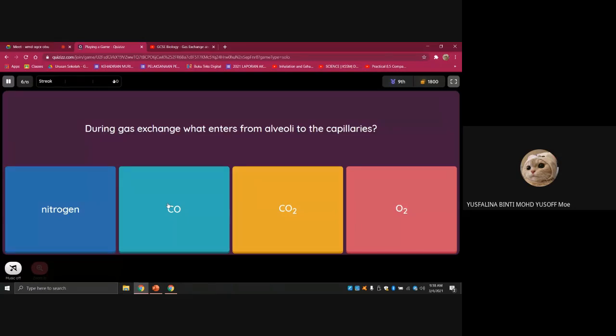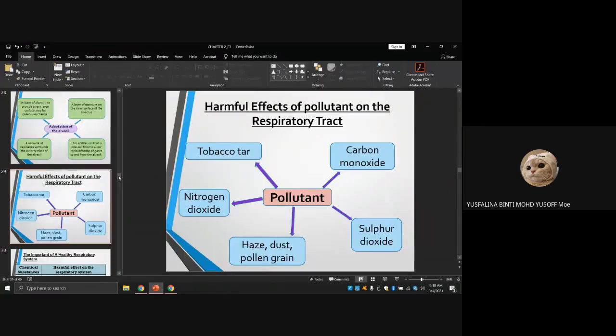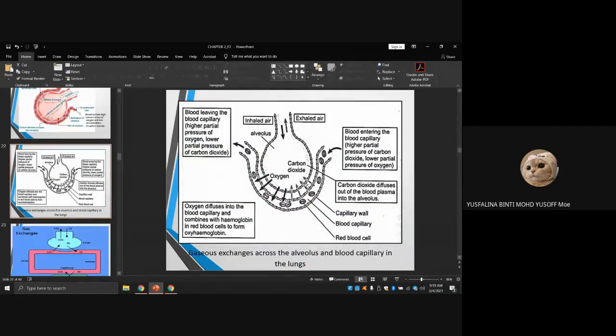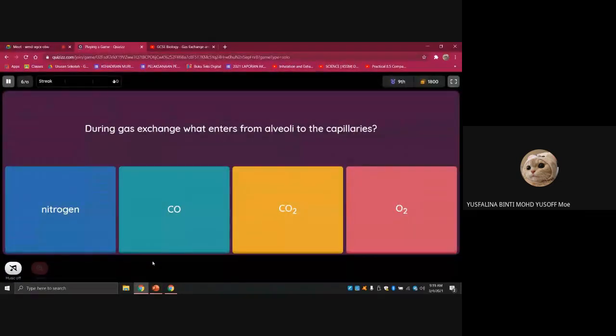Okay, during gas exchange, what enters the alveoli to the capillaries? From alveoli to the capillaries, is it carbon dioxide or oxygen? Remember the diagram I showed before, right? Here, the diagram. You see, the carbon dioxide travels from the red blood cell to the alveoli, and then from the alveoli to the blood capillary is actually the oxygen. So what's the answer, Ziyang?